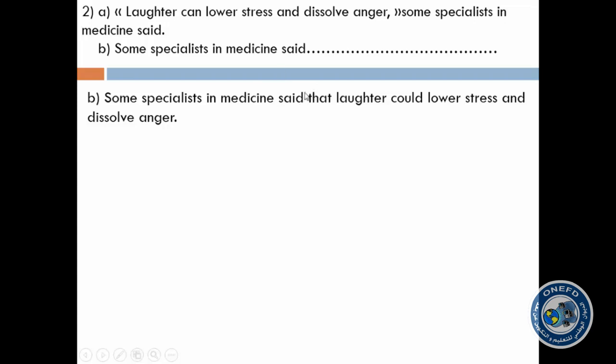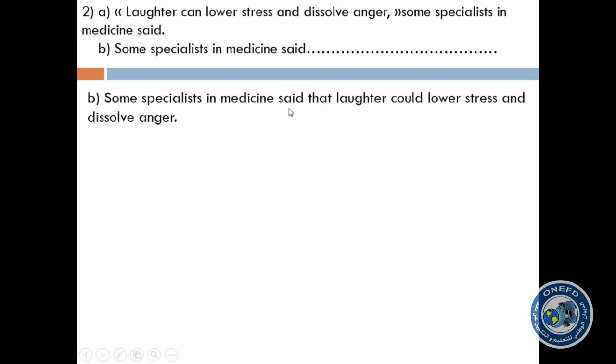But there is a catch. You have to be very careful of the changes that might occur when turning the sentence from the direct speech to the indirect speech. And we do so by paying careful attention to the tense of the introductory verb and the tense of the verb in the direct speech.